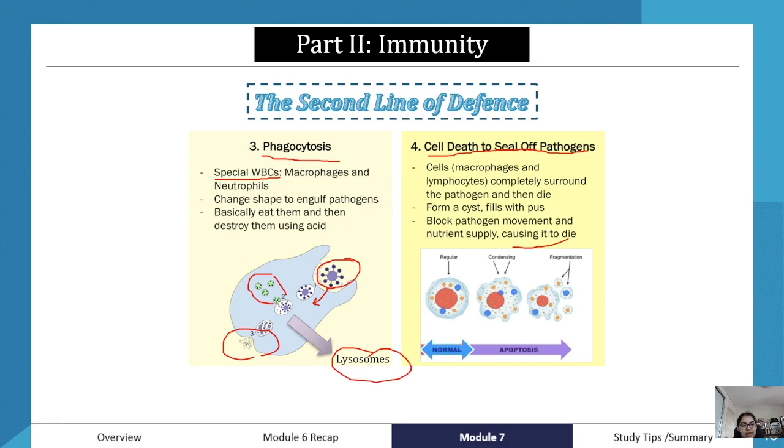So here, normal is a regular cell, but now it's condensing. Once they've surrounded the pathogen and it is filled with pus, it's forming a cyst, and through that it is killed, and it leaves these fragments here. So this is apoptosis right there.